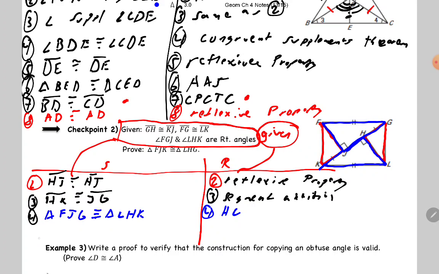Okay, now that we have that, we can say that FJ is congruent to HL by CPCTC. So I'm talking about this one here and that one.